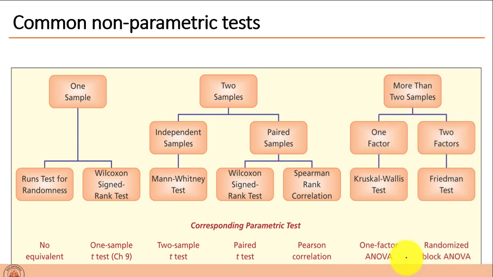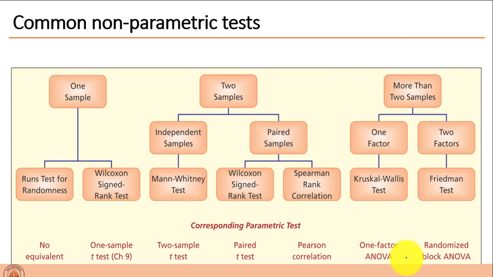So let's look at a common diagram. This was adopted in a textbook that I'm using, from 2016. They give us a very nice diagram indicating the different non-parametric statistics and their parametric counterparts.